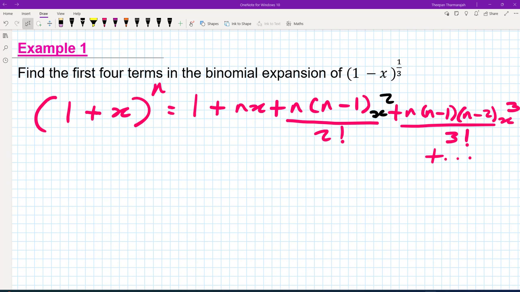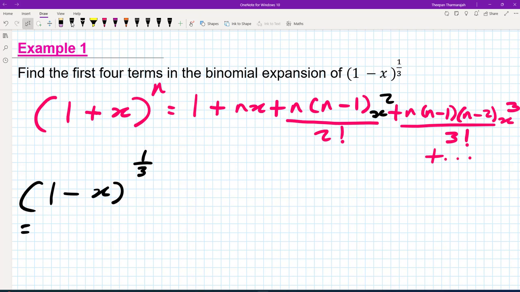In our next example, we have brackets 1 minus x all raised to the power of a third. So we're going to write this out here: 1 minus x raised to the power of a third. Now notice, in our case, n will be a third, but we need to be careful. In the formula where we've got x, we need to replace that with minus x.